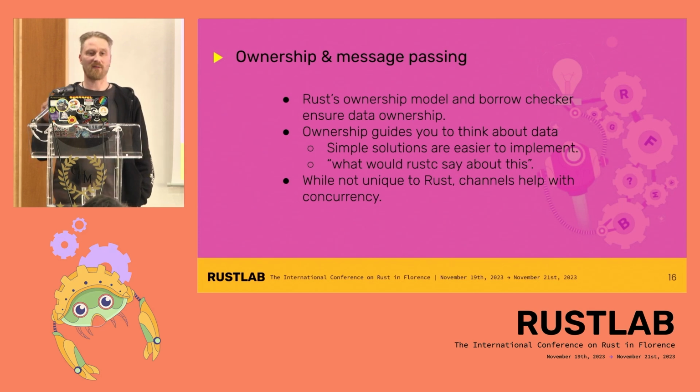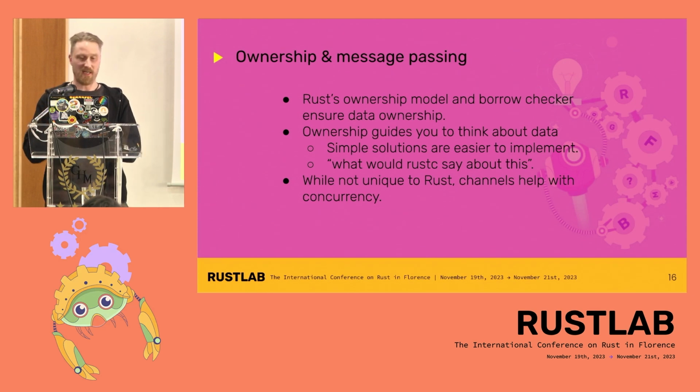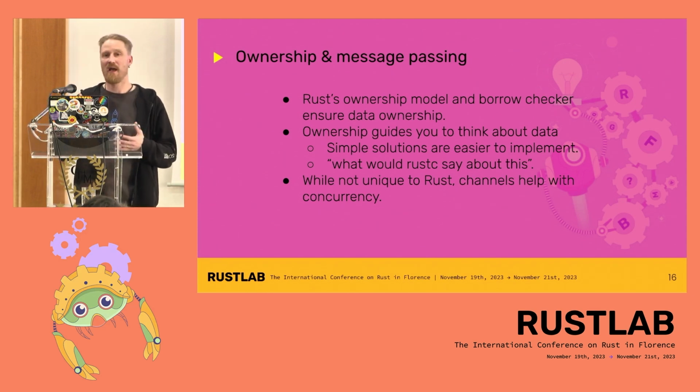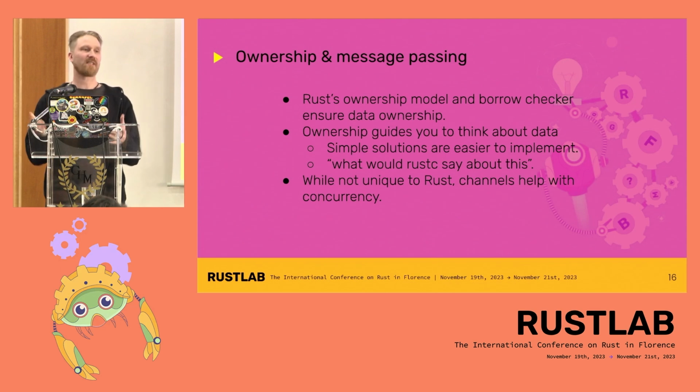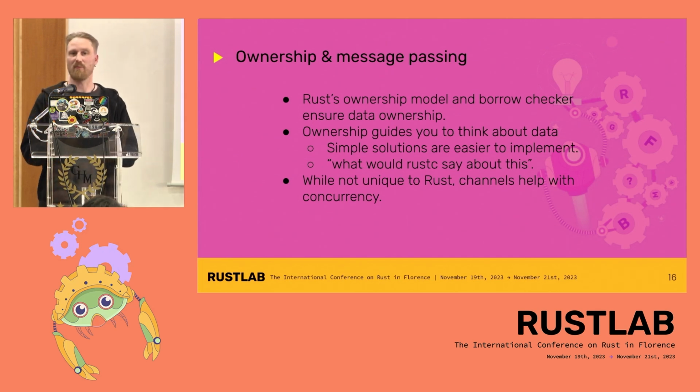The compiler will yell at you if you are making stupid mistakes. The ownership model kind of guides you into thinking about data. That's how I see it. And I have found myself often asking what would Rust say about this when I'm programming in some other language where there are no guardrails which protect me.